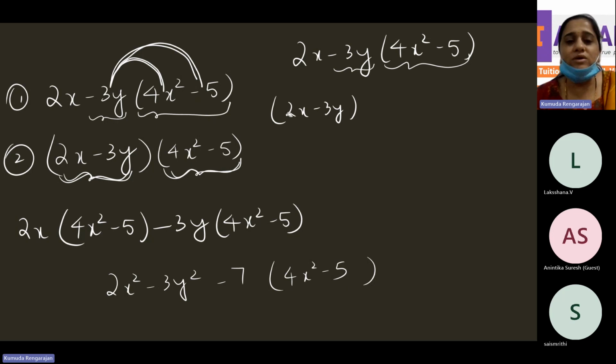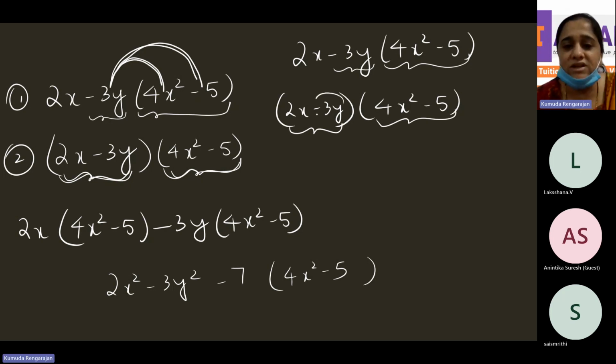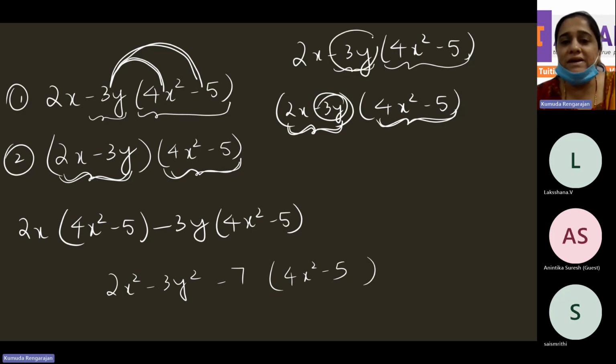You should put 2x minus 3y in a bracket, which indicates multiply this entire thing with this one, not only minus 3y. But here it is only multiply minus 3y with 4x square minus 5.